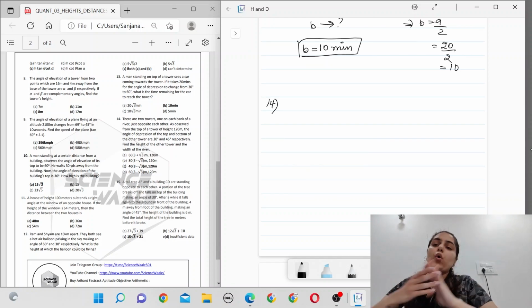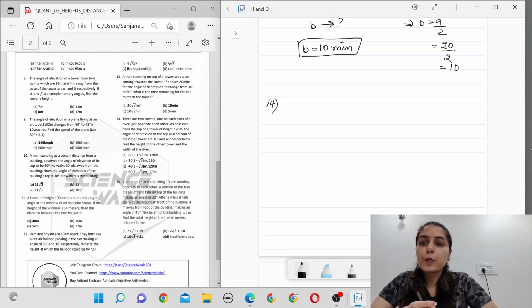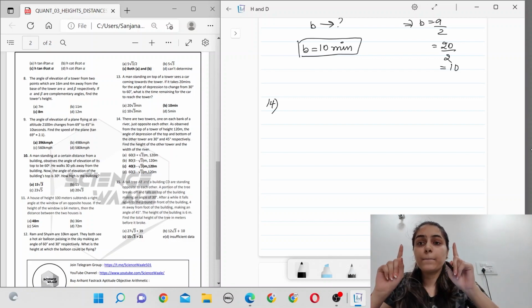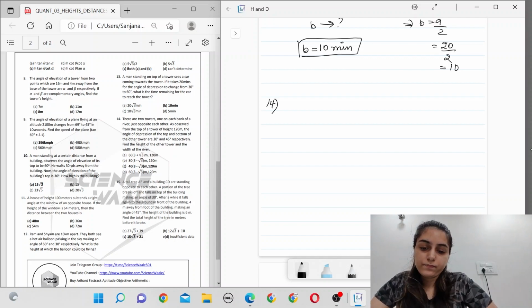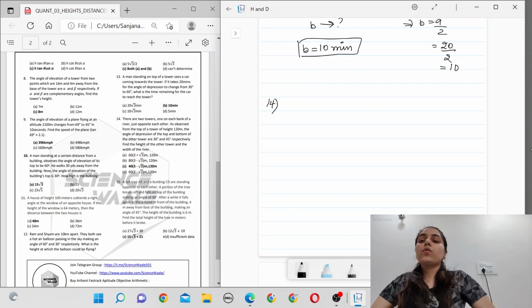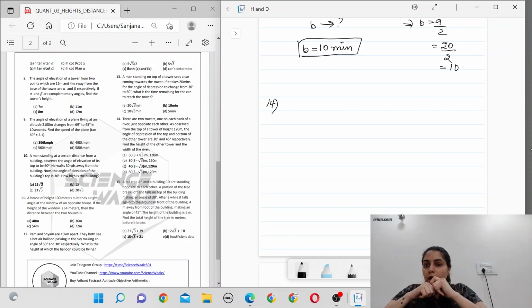I hope you all are really understanding these problems, because these are very basic questions, but this is a very important concept for your competitive exams, be it for CAT, be it for any entrance exam or anything. I really hope you all are enjoying doing these questions and are not finding any difficulty in solving them.